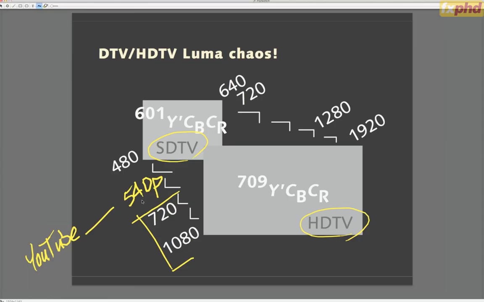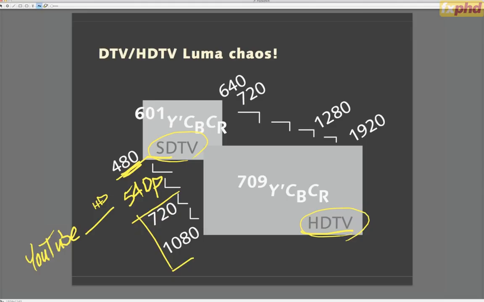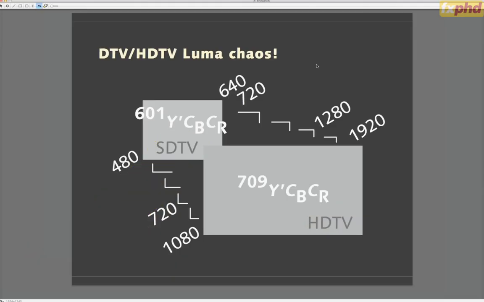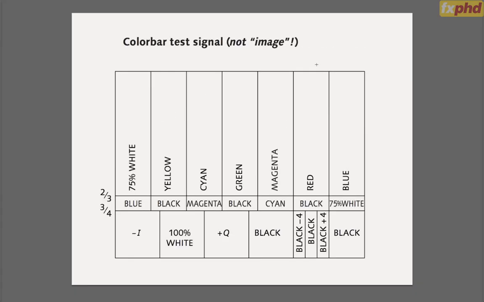And should we use SD luma coefficients or HD luma coefficients? Well, it's up for grabs. Personally, I would like to use HD for everything above 480, but this is not standardized yet, and it's a problem, and we all just have to live with it for the time being. So there you go. That's the luma-chroma talk, and there are hardware block diagrams in the Orange Book, so don't worry too much about it.